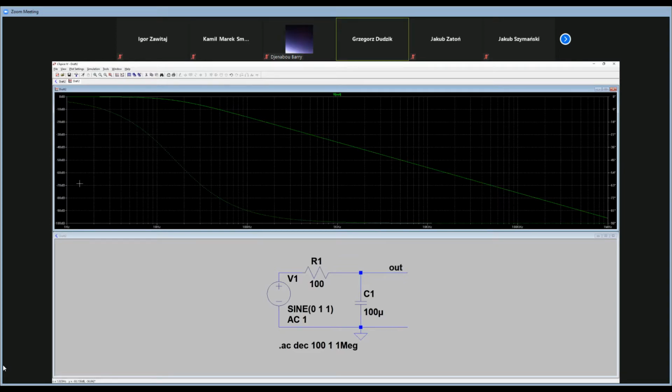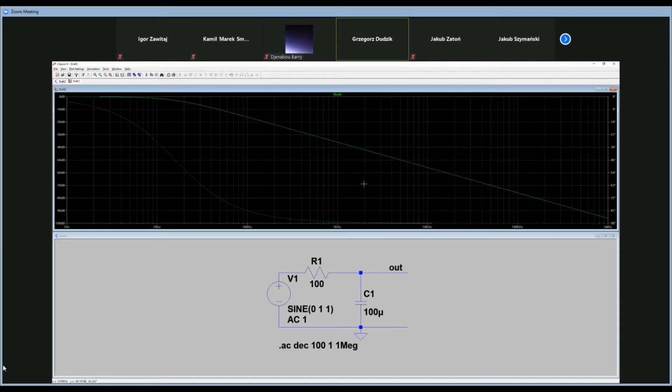So from 1 to 10 hertz, we've got the changing by 10 times. From 10 hertz to 100 hertz, we've got the changing by 10. So as you see, from this point to this we've got the same distance as from this to this. So the decade is the distance between this point and this point, and so on. Do you see it?